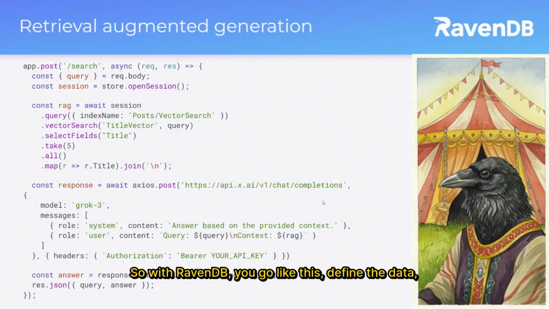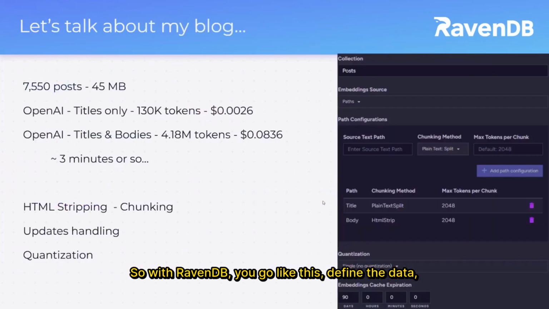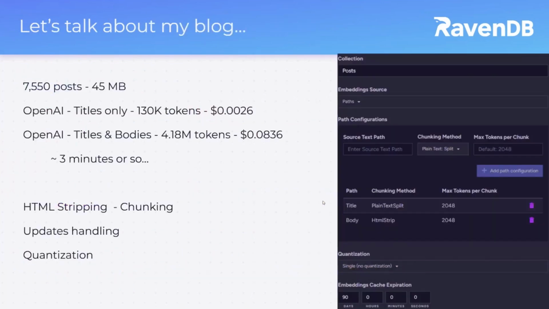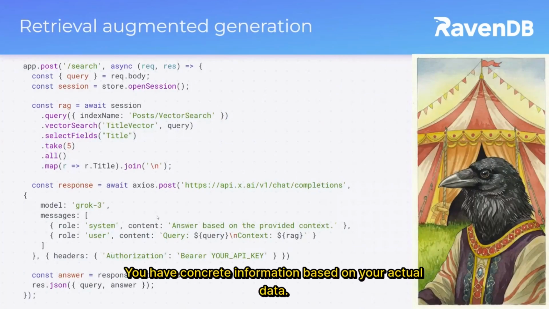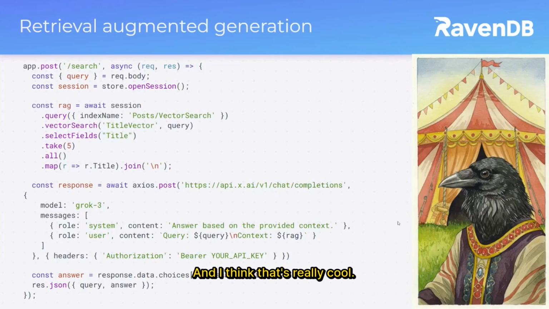So with RavenDB, you define the data, you specify search, you provide the data to the model, and then you're pretty much done. You have concrete information based on your actual data. And I think that's really, really cool.